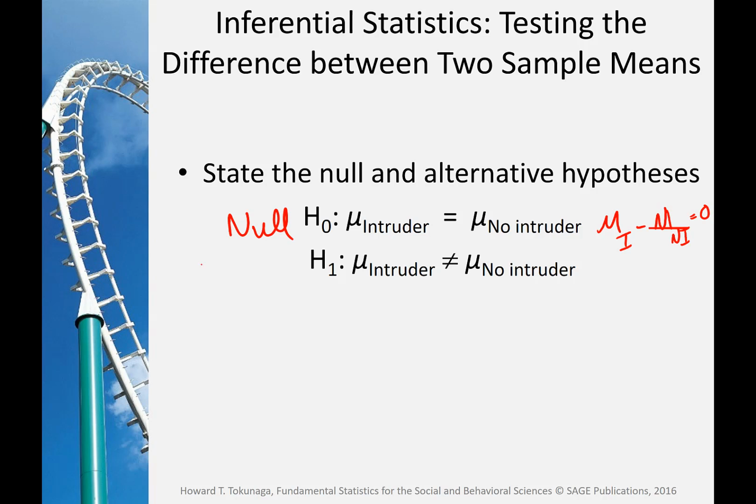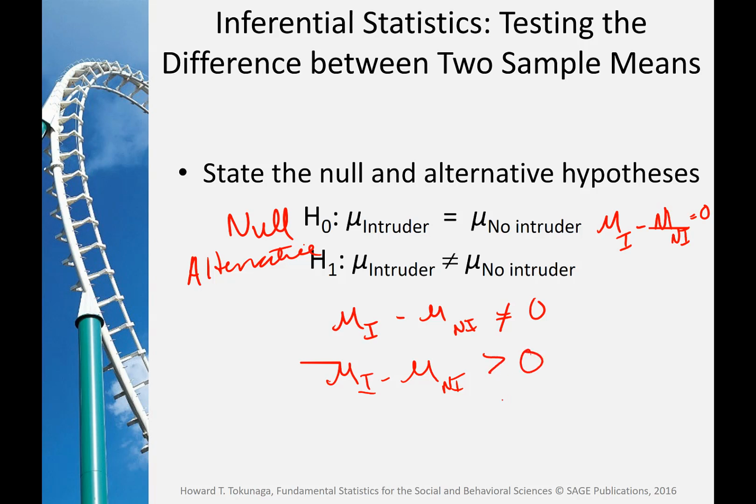Our alternative hypothesis, the one that we're looking for evidence to support, is that the mean of the intruder group and the mean of the no intruder group are not equal. So the difference exists because of the two groups. If we wanted to get really particular, we could actually test directional hypotheses. And we could say mu I minus mu no I is greater than 0 or less than 0.